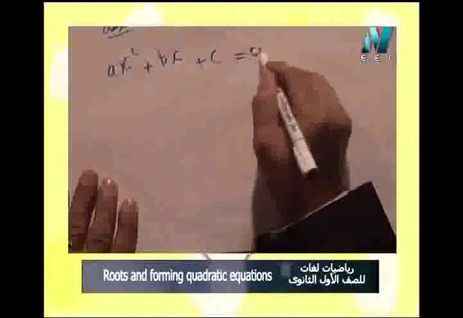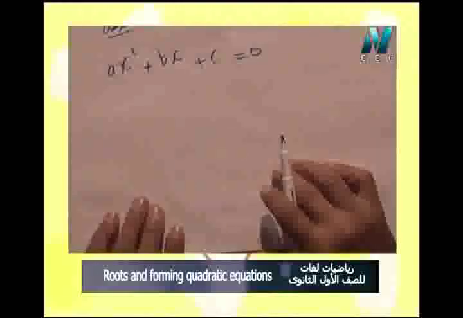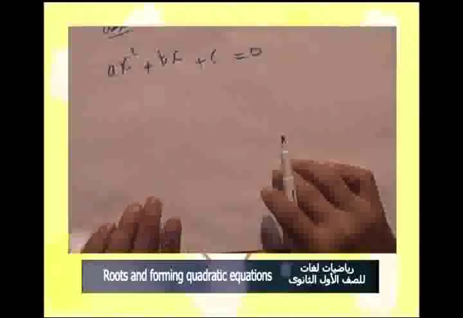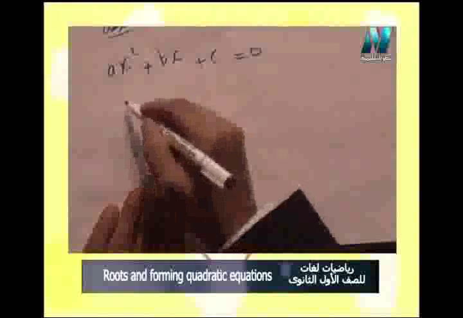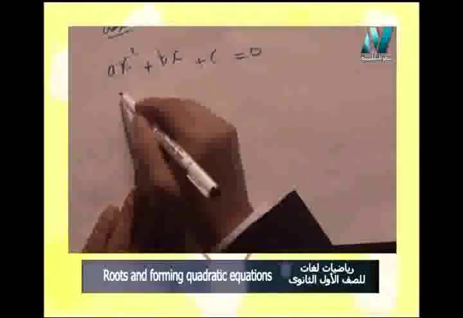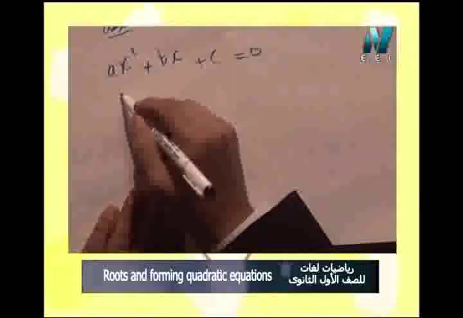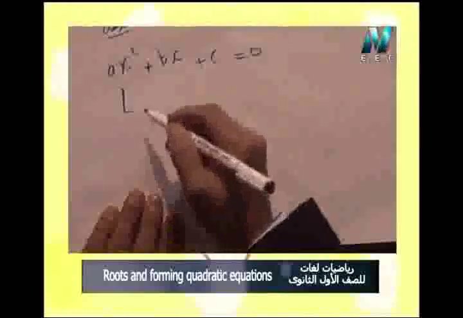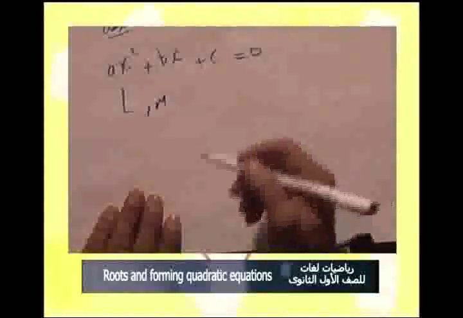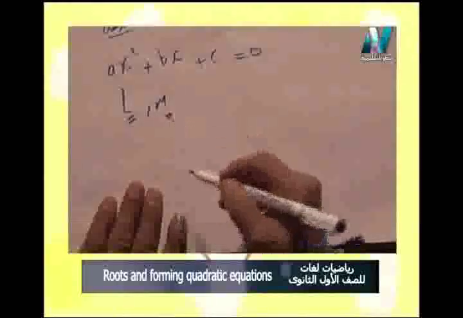It is the general form of the quadratic equation, and let the two roots be L and M, or alpha and beta. It's up to you. The two roots here are L and M.